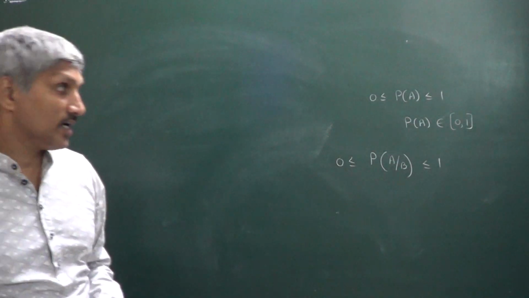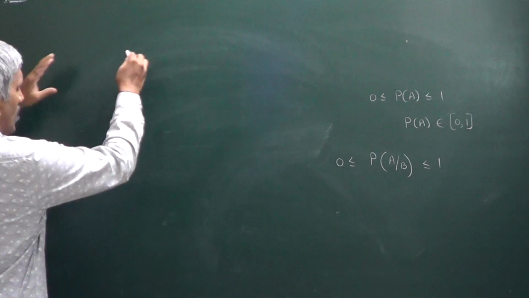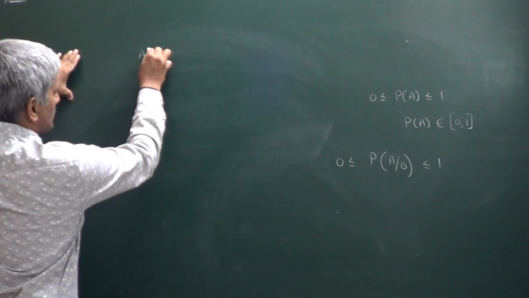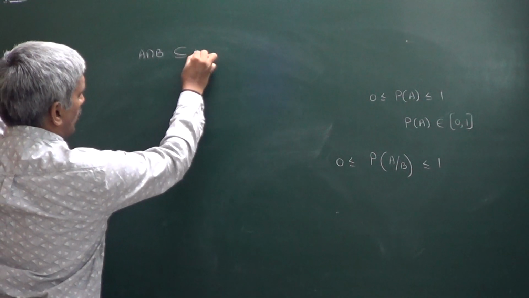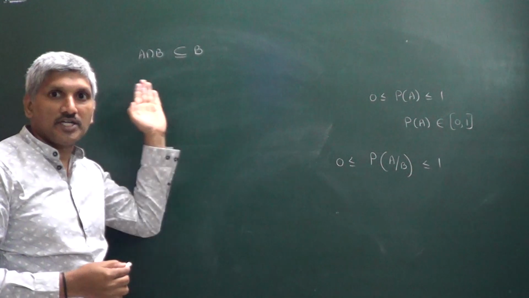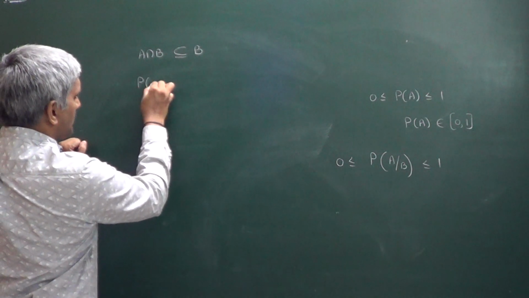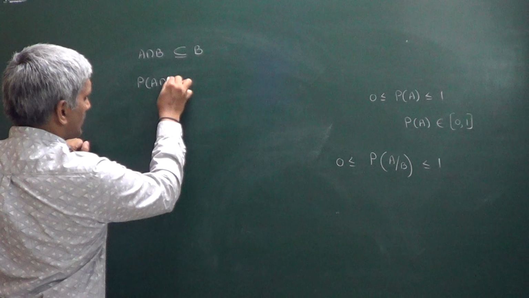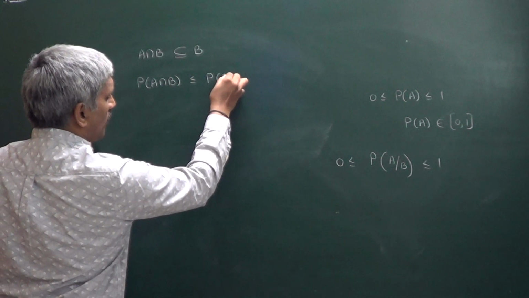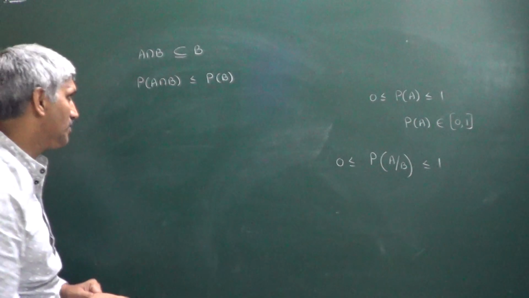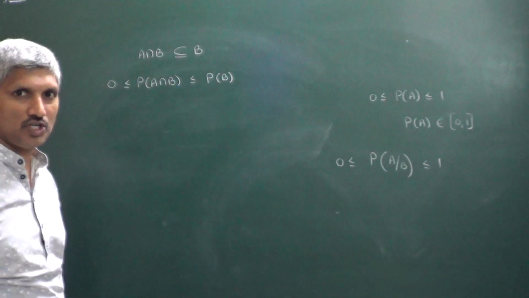As we know, A intersection B is always a subset of B. That's why I can write probability of A intersection B is less than or equal to probability of B. At the same time, this is always greater than or equal to 0.